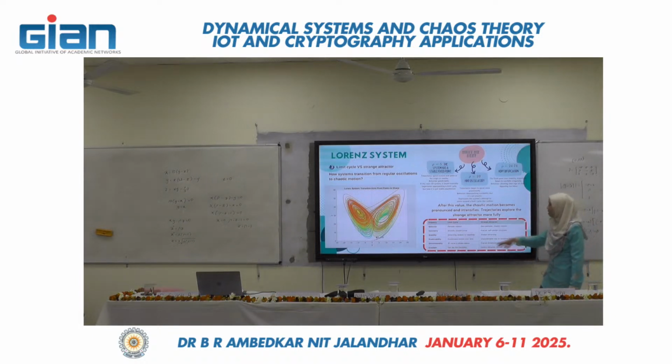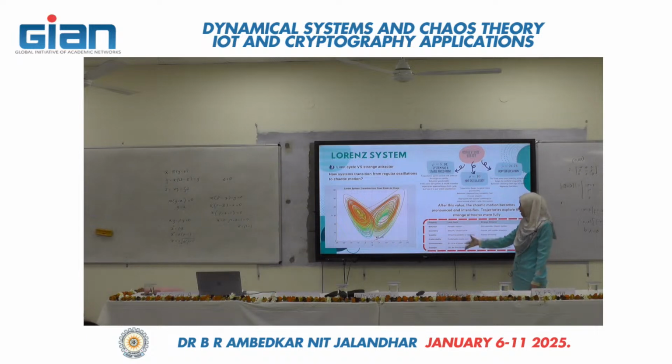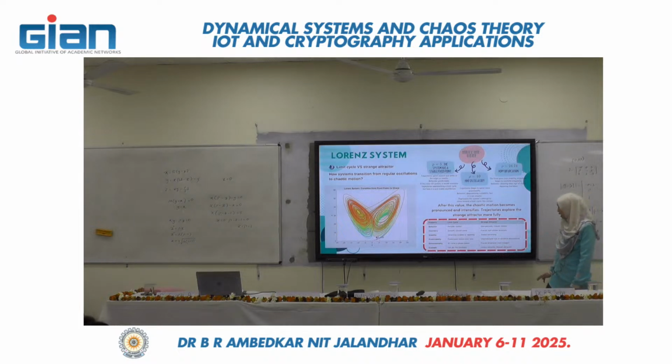The stability for a limit cycle can be stable or unstable: sometimes it attracts and sometimes it repels, but the strange attractor is always attracting. And of course predictability: for limit cycle we can predict the motion, but not for the strange attractor. And the dimensionality will be a 1D curve in phase space, but for the strange attractor it will be a fractal dimension. For example, for limit cycle we have the van der Pol oscillator.